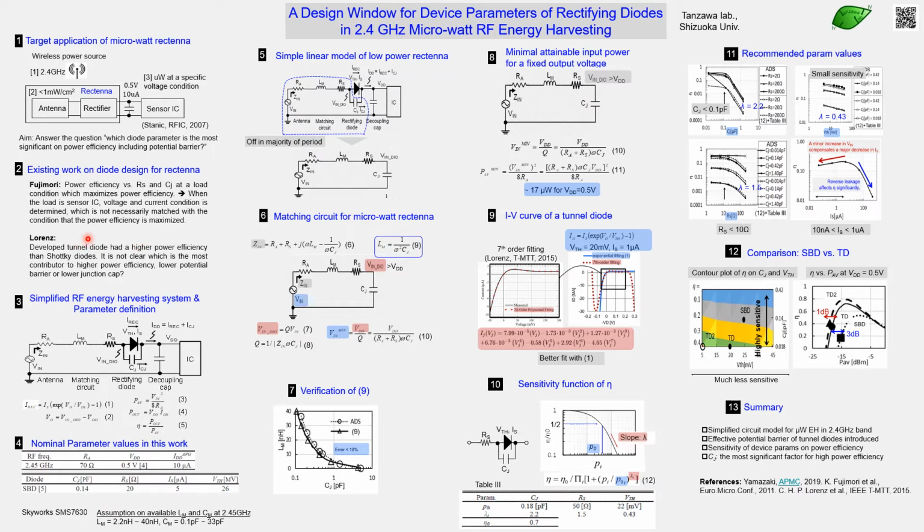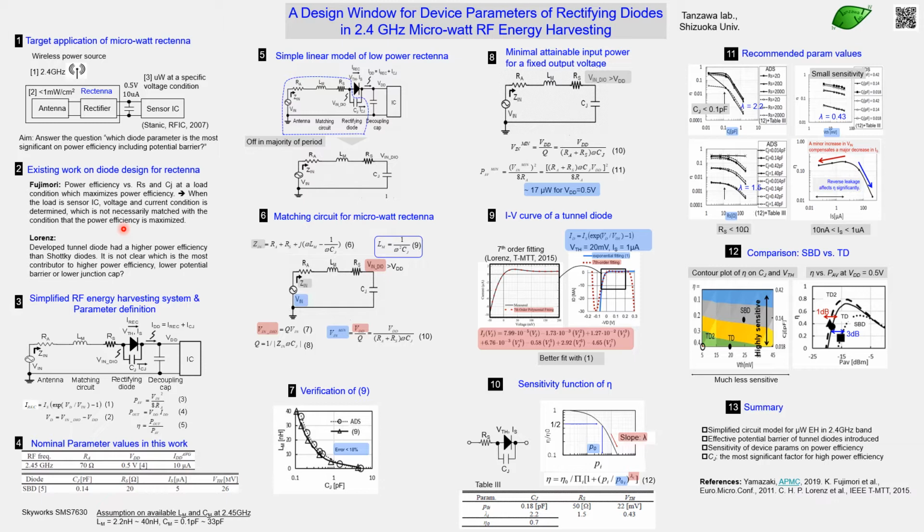And Lawrence and his co-researchers developed a tunnel diode, which has different physics from the standard Schottky barrier diode.